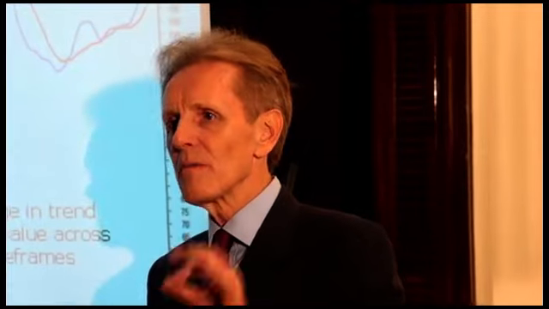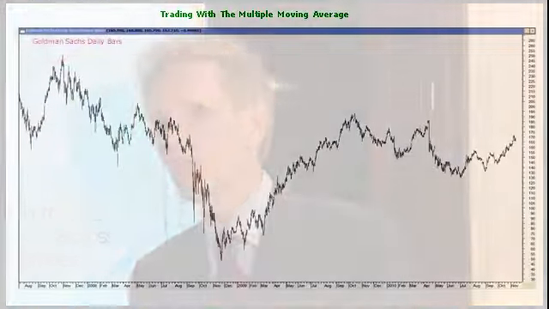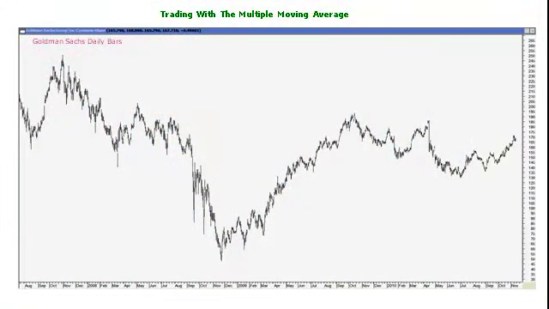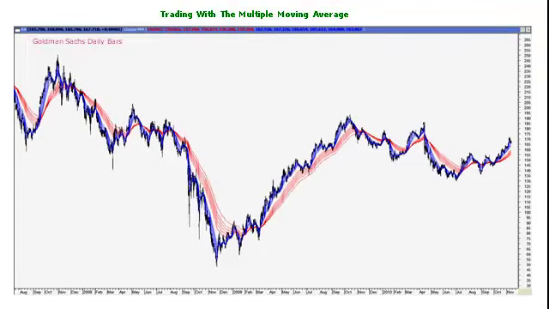Very soon after that, there's going to be something happening because the market doesn't like it. It's not natural for the market to be in a state of equilibrium. With this technique, we can spot where moments of equilibrium have happened or are happening and hopefully trade it.